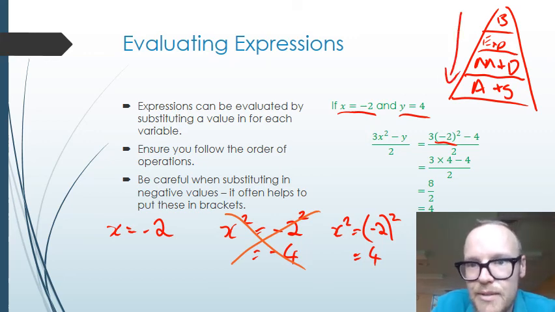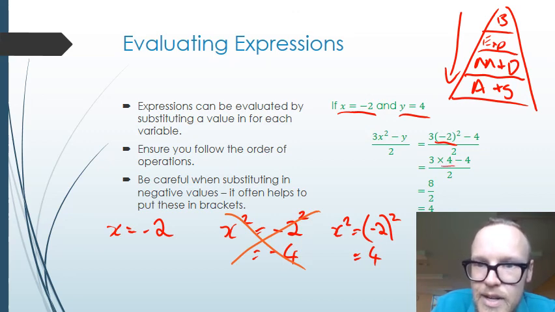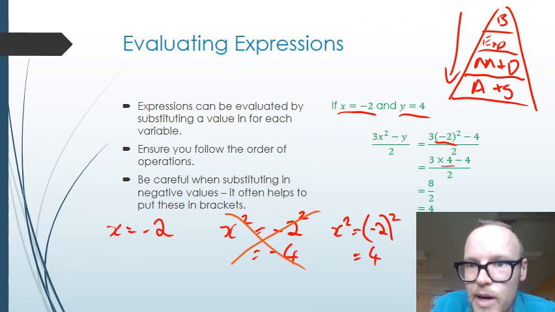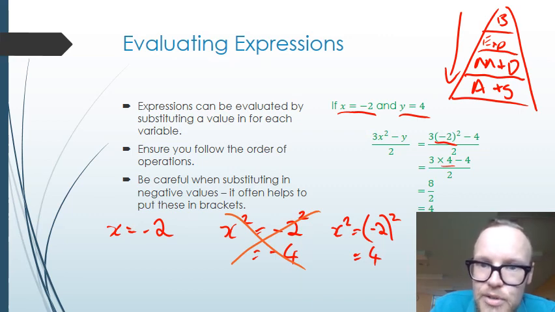So making sure we start with those brackets, we then have a look at getting the answer there. Negative 2 squared is going to be positive 4, as we've done here down the bottom. We've got 3 times 4 minus 2, that's going to be 8, because the 3 times 4 is 12. Take away the 4 and we get 8, and then 8 divided by 2 is 4.